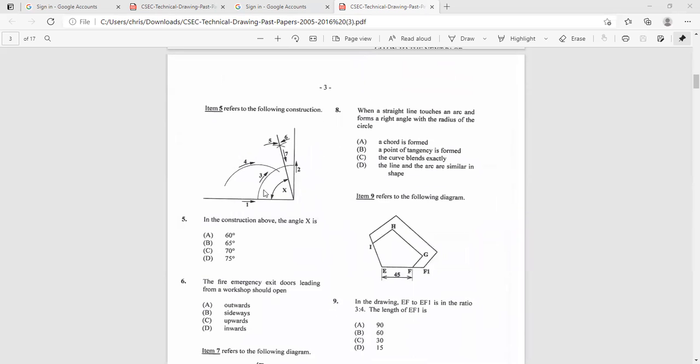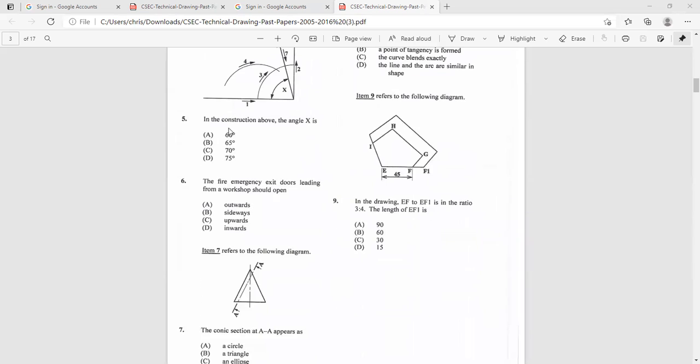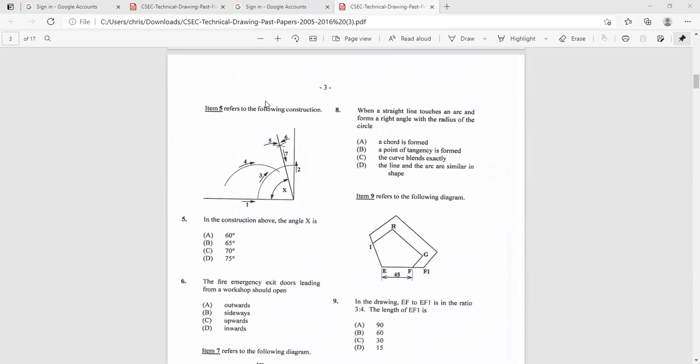Let's move on to number 5. In the construction above, the angle X is 75 degrees. So first, to get that, use here as center, we draw the first arc. Then we use here as center, we scribe one arc, then another arc around here.